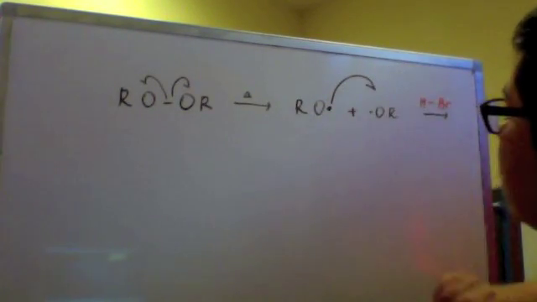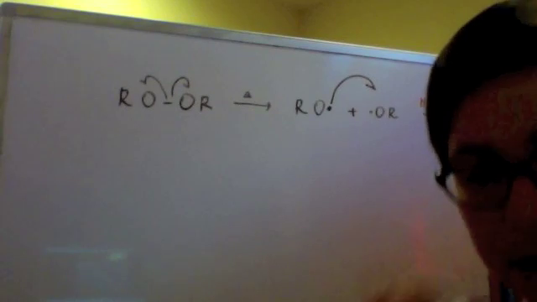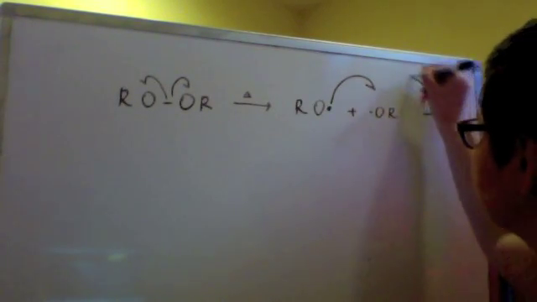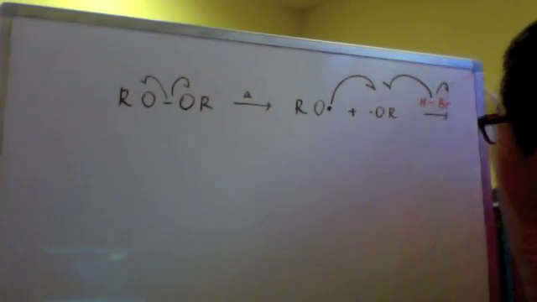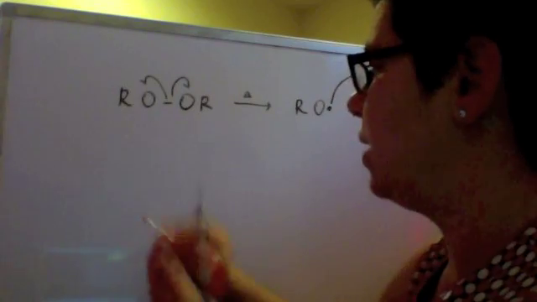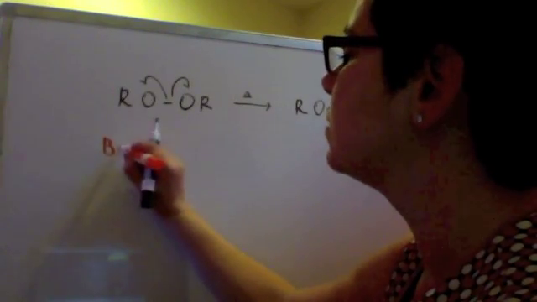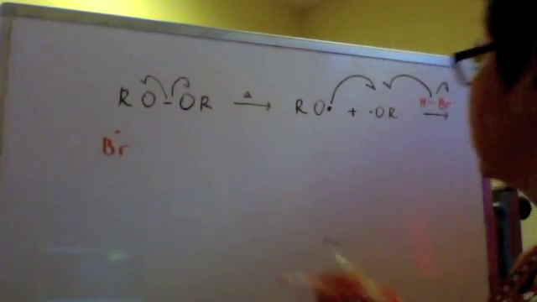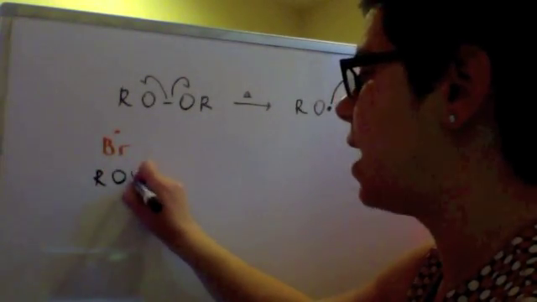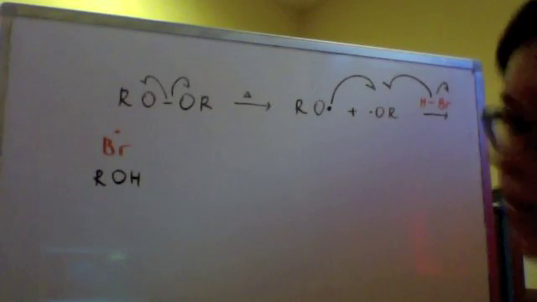So notice also that here I'm using the single-headed arrows. These arrows denote the radical mechanism. So now we formed these two species. We formed the Br radical, right? And we also formed ROH, right? The alcohol, which we honestly don't care about, right?